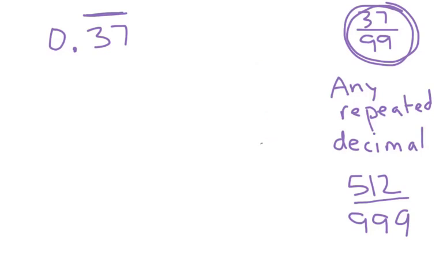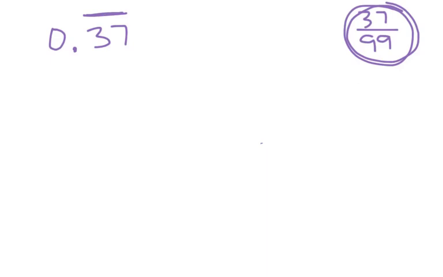I'm going to stick with this number, 37 hundredths repeated, to begin with. Okay? Here's how it works. You have to set up a problem that says x equals 37 hundredths repeated. That means it goes on and on and on.